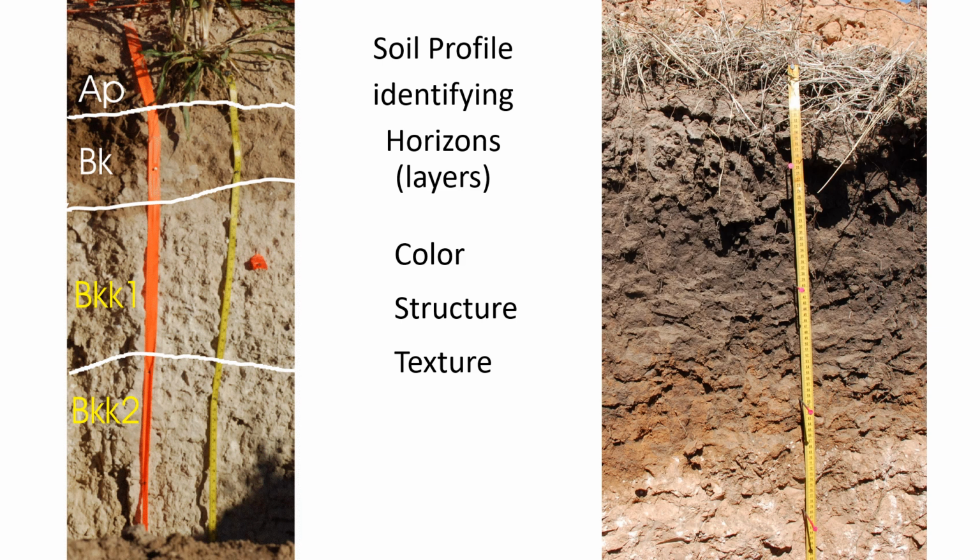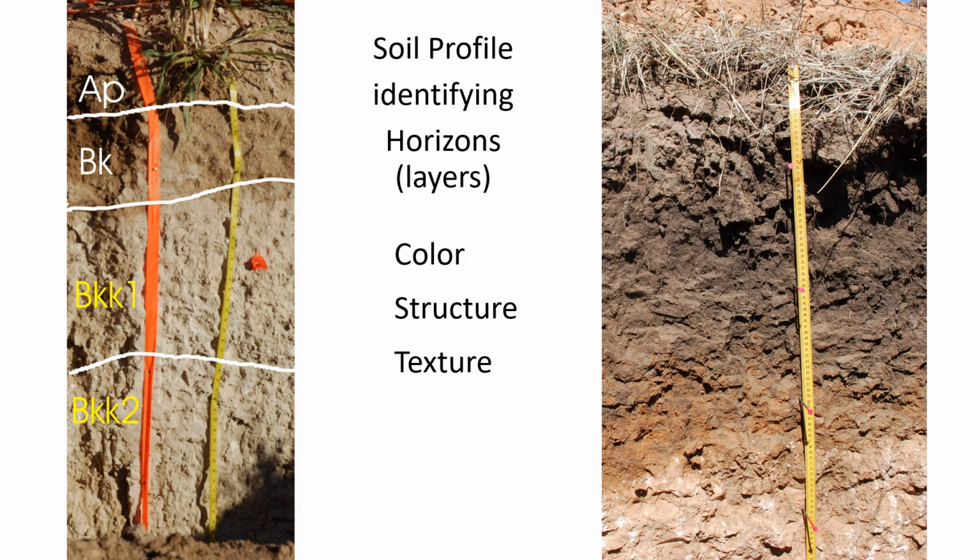So if we look at another soil profile, you see that the color is somewhat lighter at the top. It gets a little bit darker under that, and then it turns kind of reddish as you go down, and then it gets pinkish at the bottom. So the color is the first thing that we're going to use to approximate those lines, and then we're going to go in and see if we can pull out some structural units, those aggregates or those clumps.